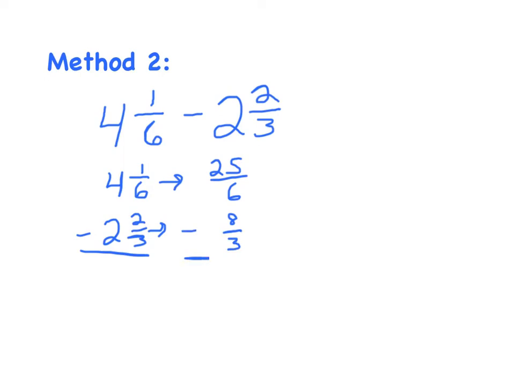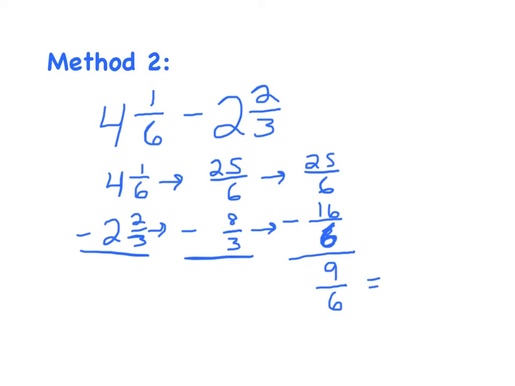I don't have a common denominator yet, which I need, so this becomes 25/6. The 8/3 becomes 16/6 because I changed the denominator. This is still a subtraction problem. 25 minus 16 is 9. I keep my common denominator of 6, which becomes 1 3/6, which becomes 1 1/2.